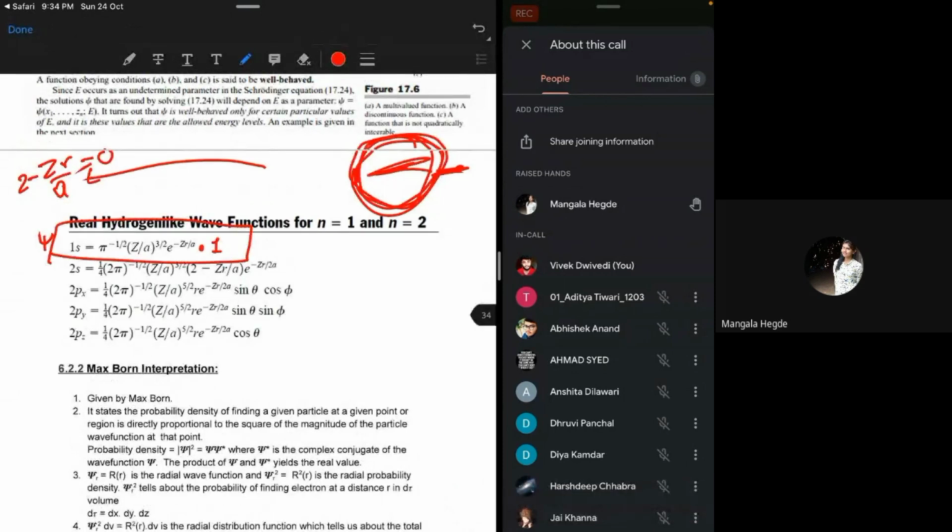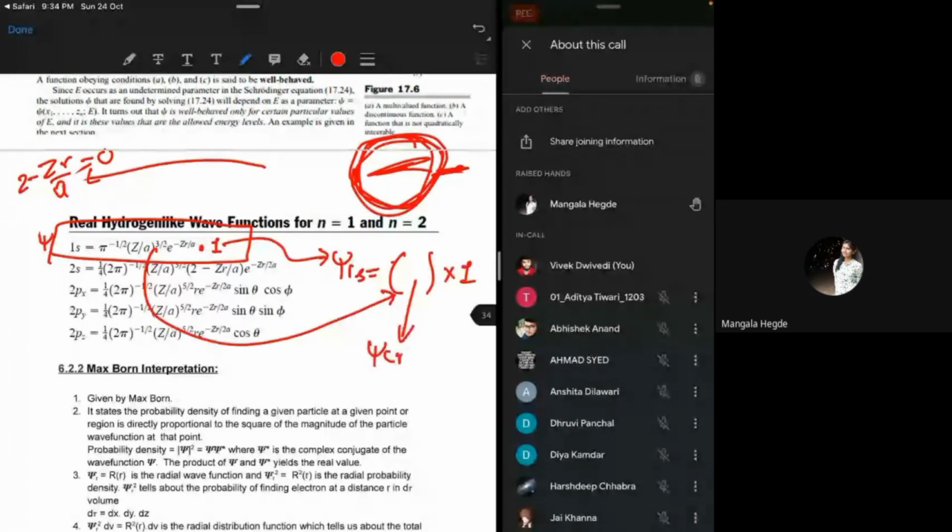For 1s, it is psi 1s, this whole function written here, into 1. This is psi r. Is it 2 for psi 2s?